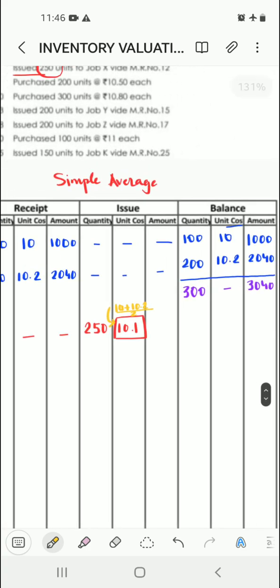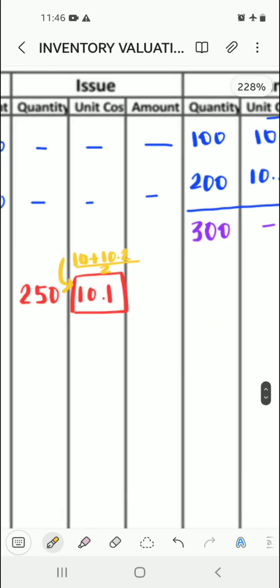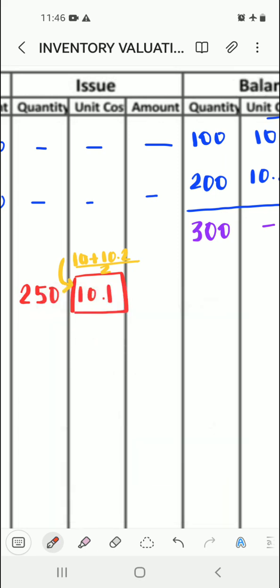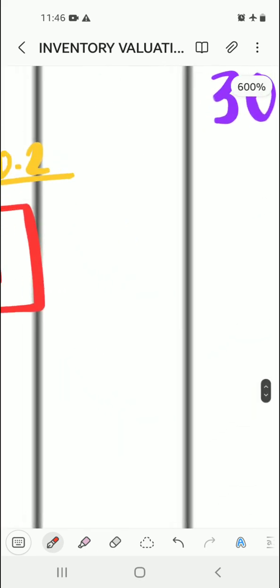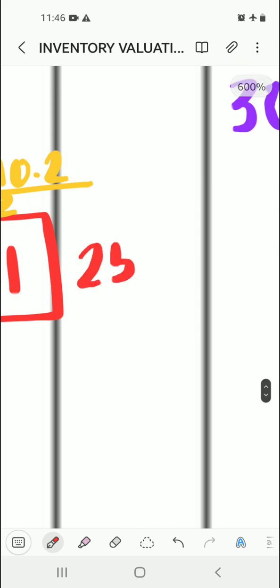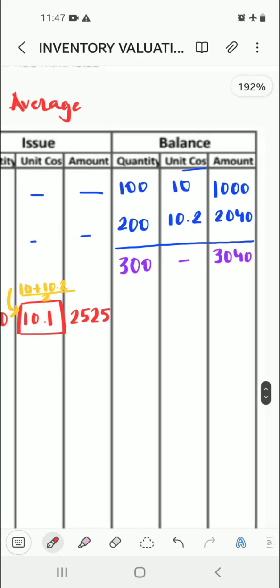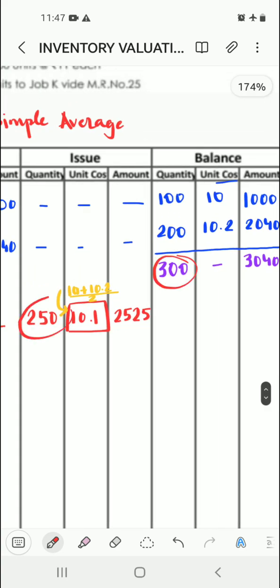Now we have to see what we are left with, that is 250 into 10.1. If you multiply it, we are going to get 2525. At this point, we had 300 units, 250 is gone.